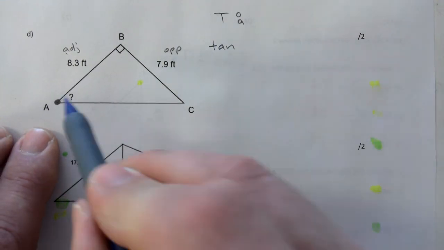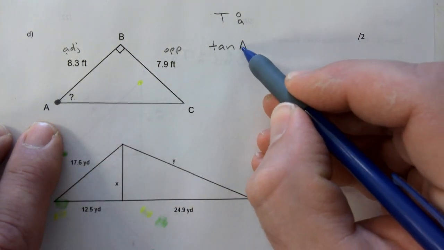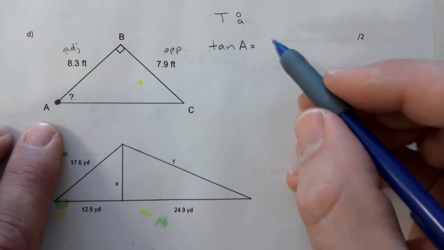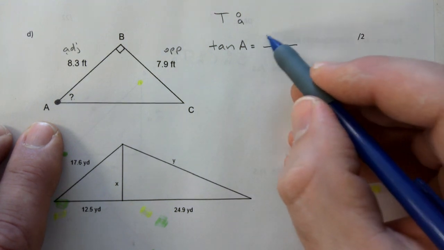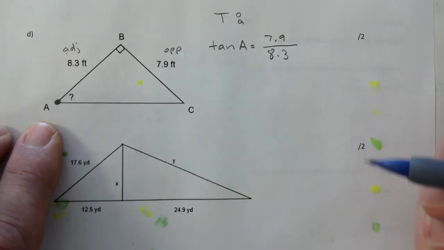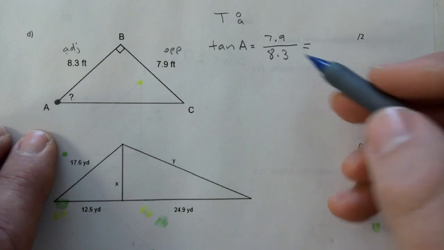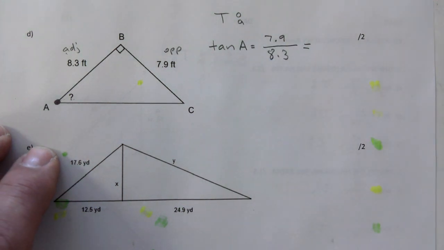Tan of, don't use question mark, okay? Use a letter. Make up a letter if there isn't one. Tan of A is equal to opposite over adjacent, like that. Go another equal. So this, you should have an example on your study sheet how to find angles, okay?